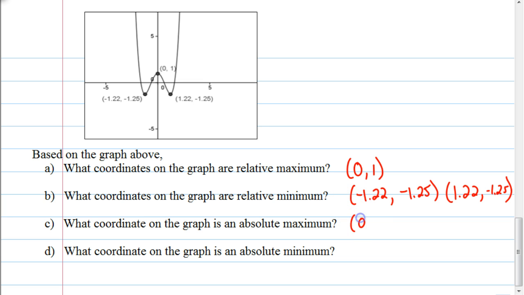Well, we only had one maximum, and the absolute maximum would be the coordinate 0, 1. And what coordinate on the graph is an absolute minimum? Well, that would be both of these, -1.22, -1.25, and 1.22, -1.25. So at those two coordinates, you'd have the same absolute minimum, where we would only have one absolute maximum.